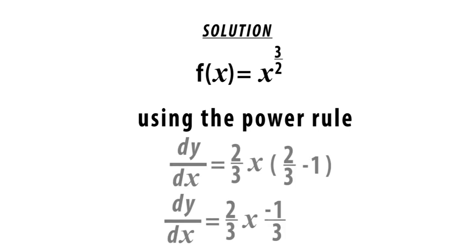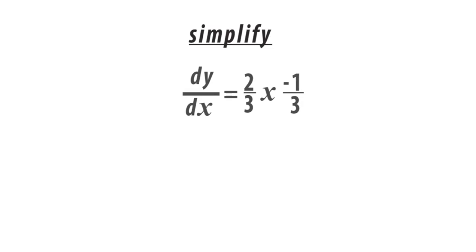So dy/dx becomes 2/3 x exponent 2/3 minus 1. And when we simplify that, we will have dy/dx is equal to 2/3 x exponent negative 1/3.